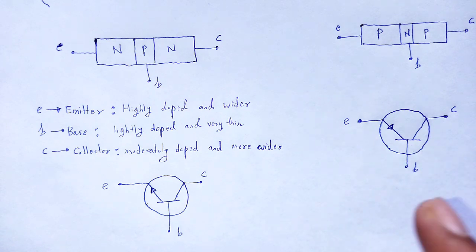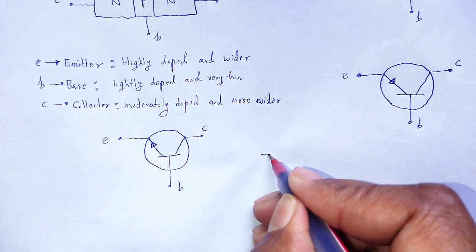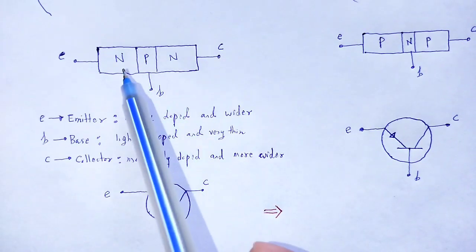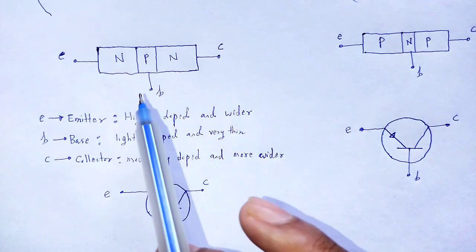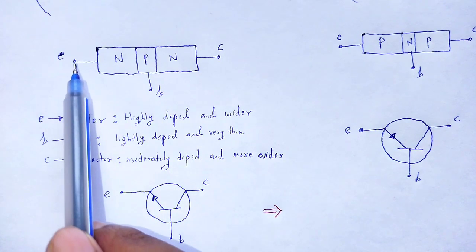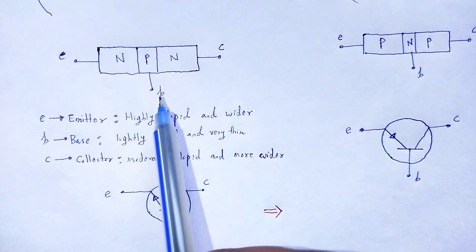An important point we can notice here is that in case of an NPN transistor or PNP transistor, two junctions are formed.